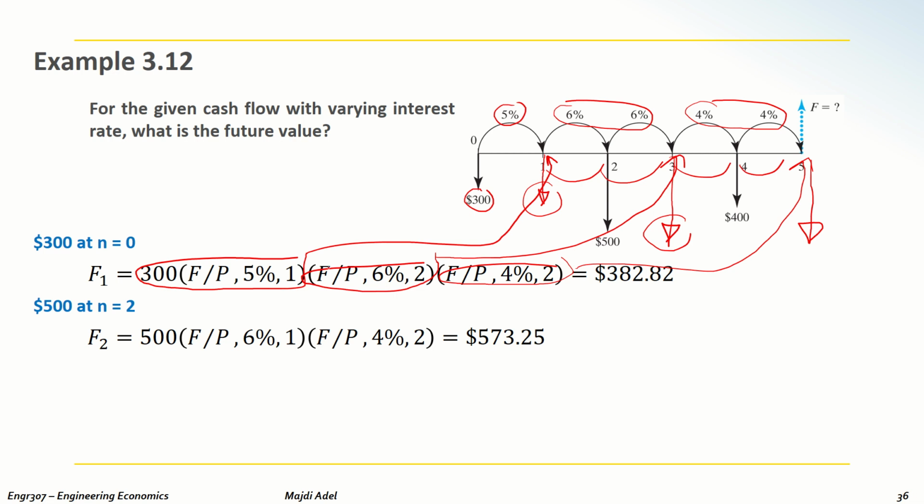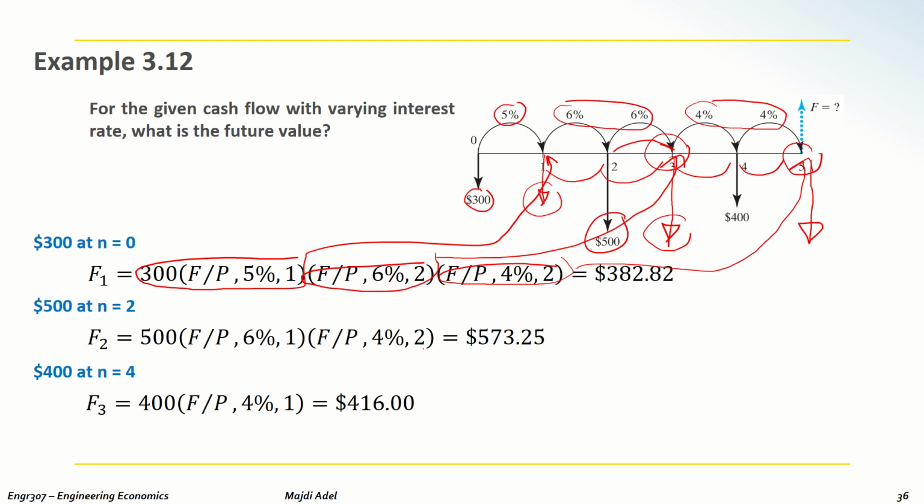And we do the same thing with the 500. 500 multiplied by calculate F given P at 6% and 1 year. Okay, this is 6% for 1 year. Then multiply, I will find its equivalent value at n equal 3. Multiplied by calculate F given P at 4% and 2 years, I will find its equivalent value at n equal 5.